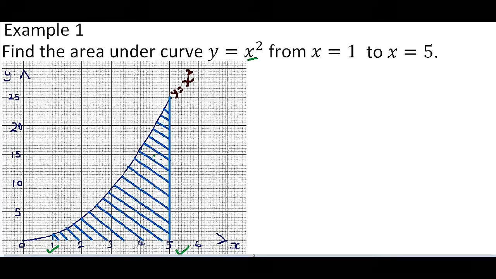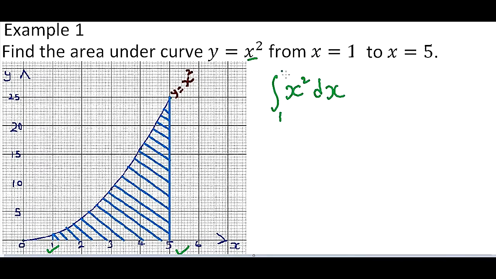So when we approximated the area using the trapezium method, we could not get the exact area. But when you use integration method, you are able to get the exact area under the curve or the area shaded. So we are going to integrate x squared with respect to x from 1 to 5. So this is supposed to give us the area.